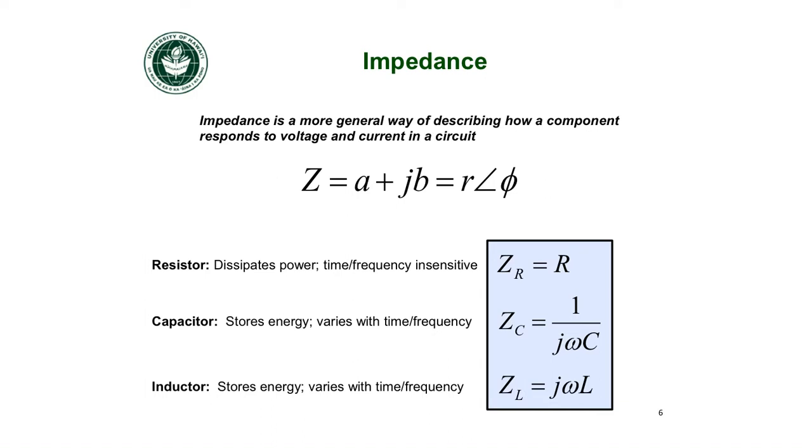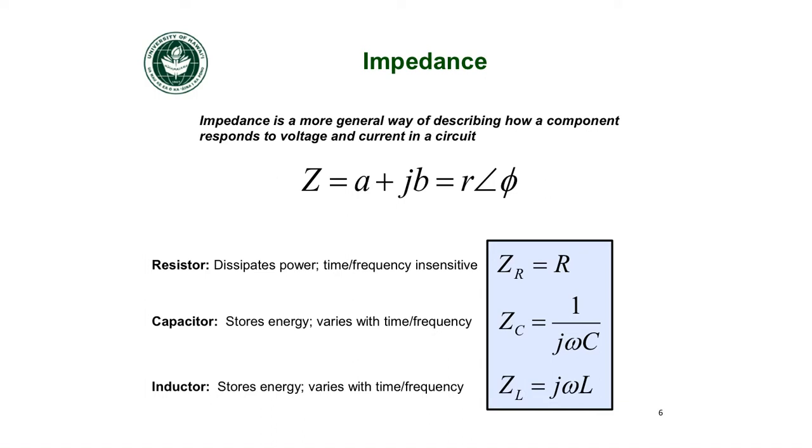So the impedance of a resistor is going to be equal to its resistance, but we can also define the impedance of a capacitor. That's 1 over j omega c, and the impedance of an inductor, which is j omega l. So both the capacitor impedance and the inductor impedance are going to depend on frequency, because they have omega in their impedance representations.